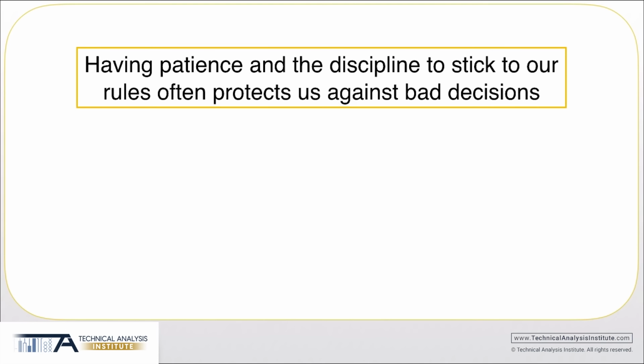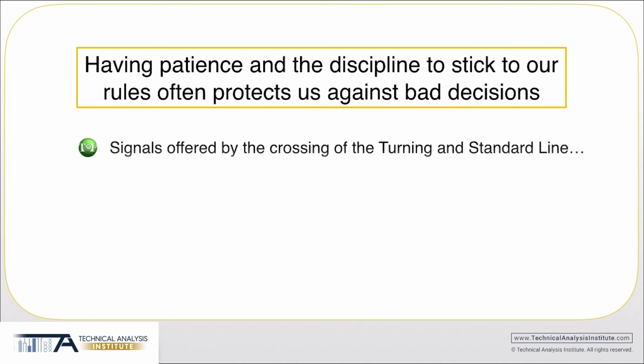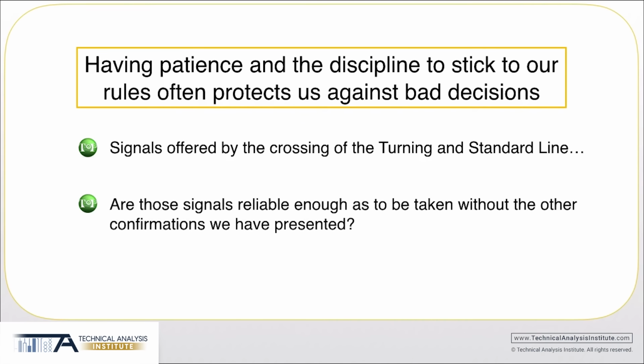And that brings me to discuss how important are the other signals that the clouds provide. Let's talk about the signals offered by the crossing of the turning and standard line that we discussed in one of our previous lessons. Are those signals reliable enough as to be taken without the other confirmations we have presented?